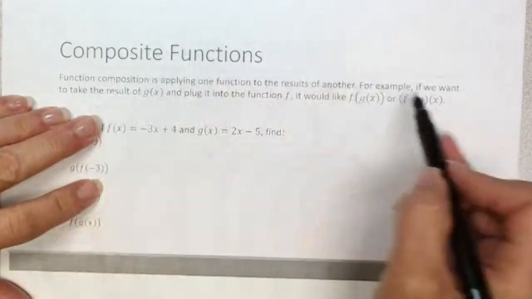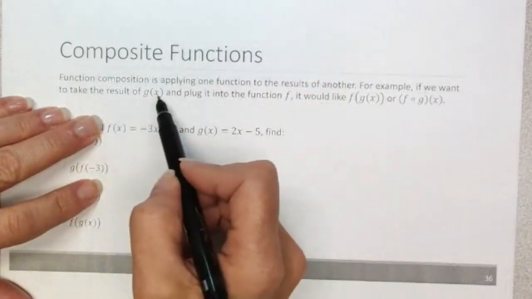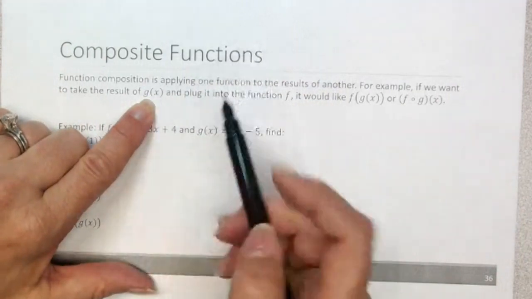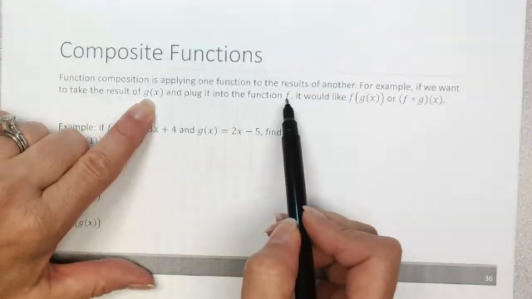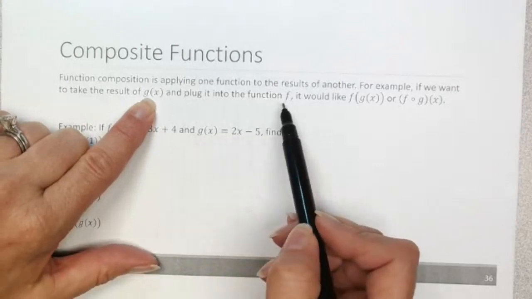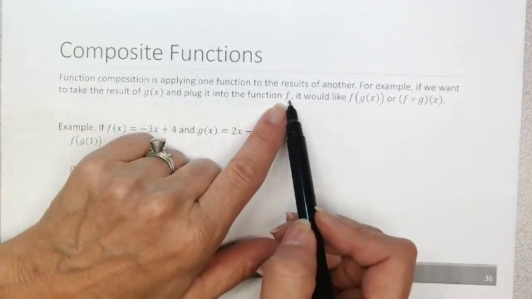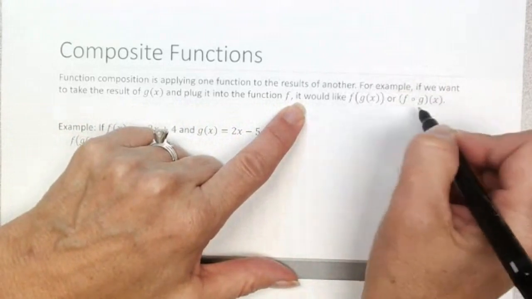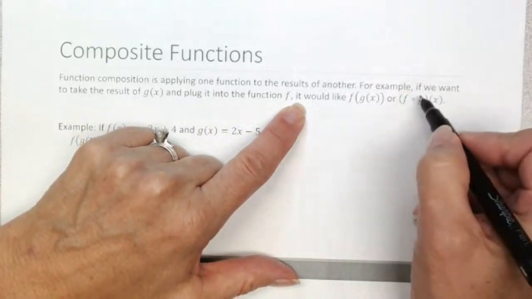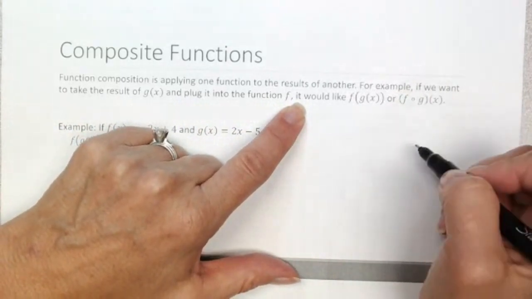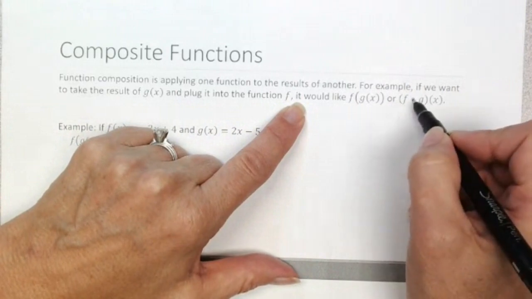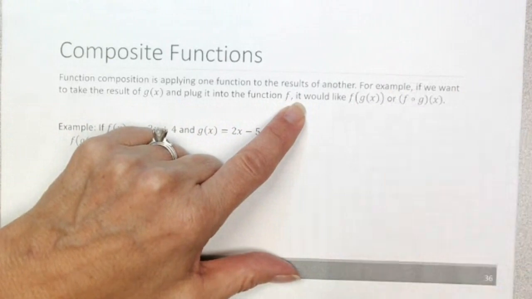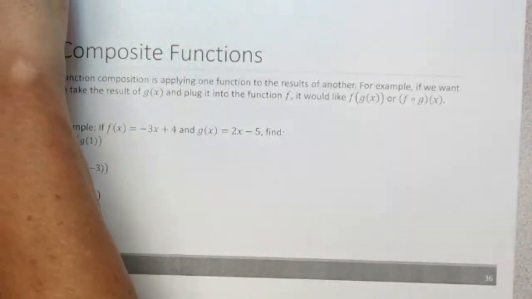If we want to take the output of g and plug it in for x in the function f, we will be finding f of g of x. Or we also have this little floating circle symbol that means f composed with g of x. These are two symbolic ways of saying the same thing.